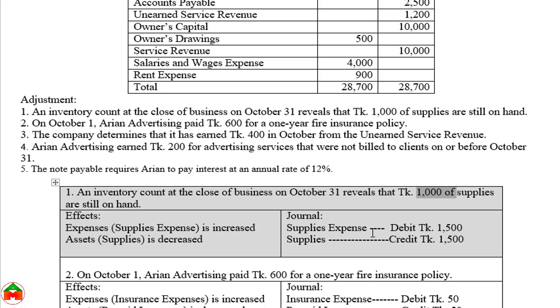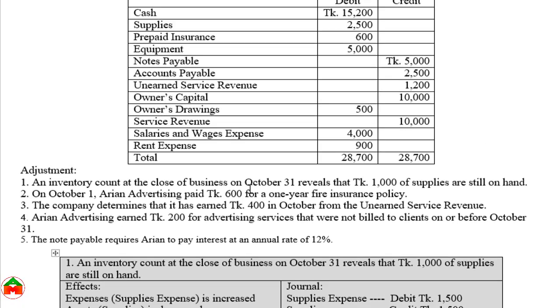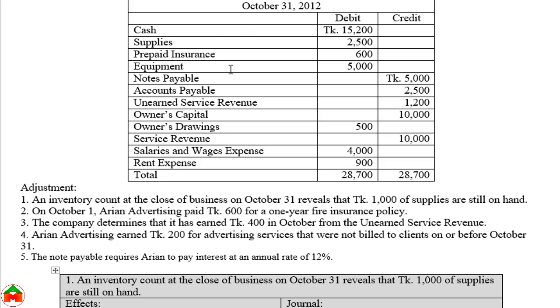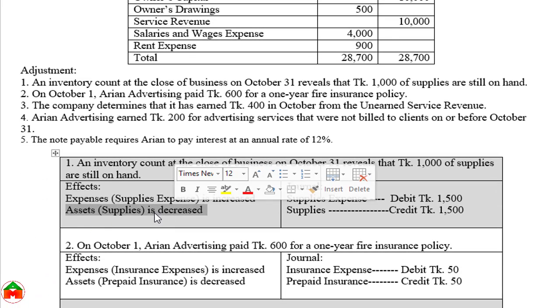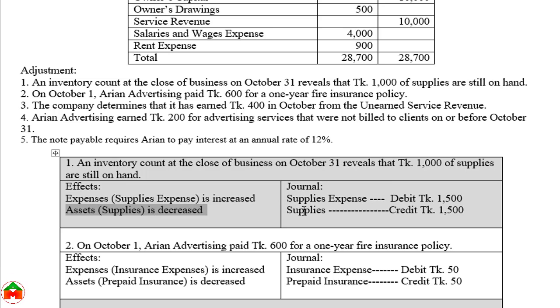Clear? So expense increased by Taka 1,500, so supplies expense debit. On the other hand, supplies has decreased by Taka 1,500, so asset decreased, supplies credit 1,500.